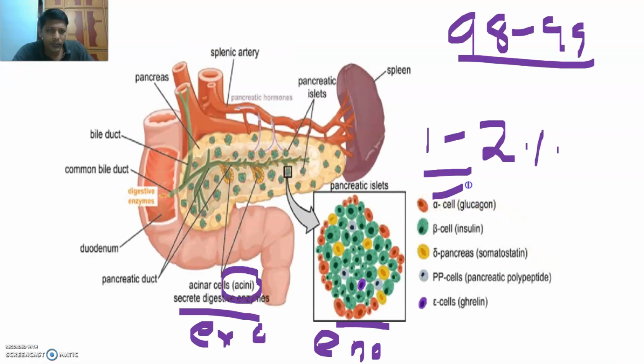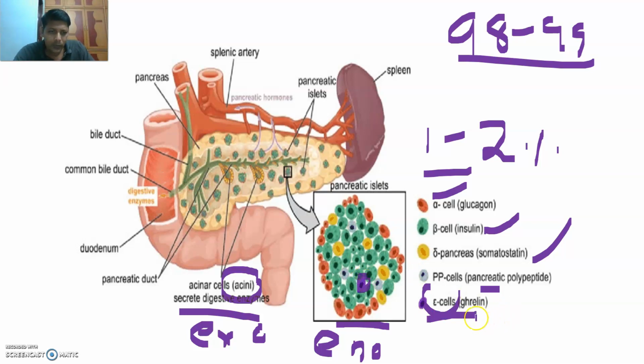Delta cells produce somatostatin, PP cells produce pancreatic polypeptide, and there are other types of cells which you can find here.